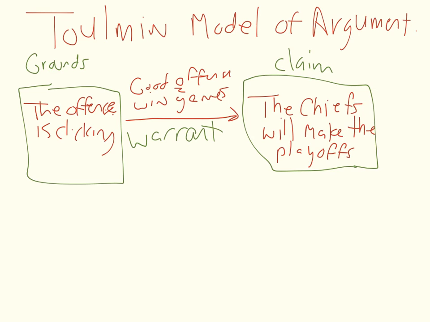In this case, the Chiefs will make the playoffs because the offense is clicking. The warrant is good offense means winning games. So a warrant is a general statement that justifies using the grounds as a basis for the claim. Now, in most cases, the warrant is often implied. So that's why the argument kind of sounds strange at first. That's because we often leave the warrant to be implied. But you can see how problems can occur if you pick shaky grounds to make a claim because the warrant doesn't follow.